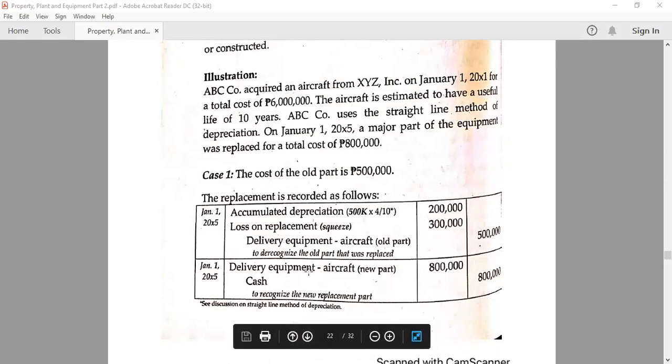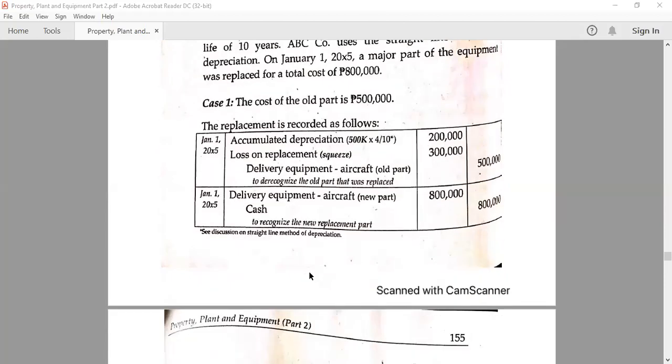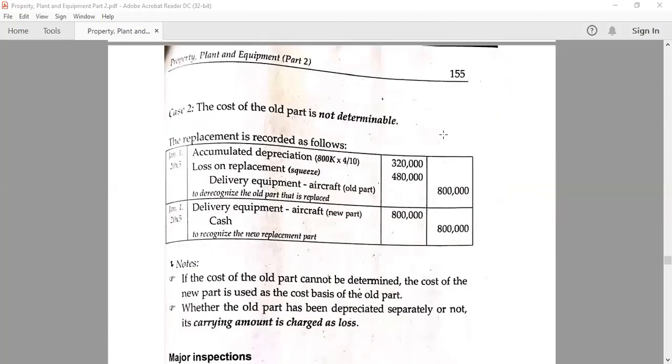And we are going to capitalize the cost of the major part replacement, 800,000, to the cost of the PPE. For the purposes of computing future depreciation, we incorporate minus 500 and plus 800. For the accumulated depreciation, that's minus 200.